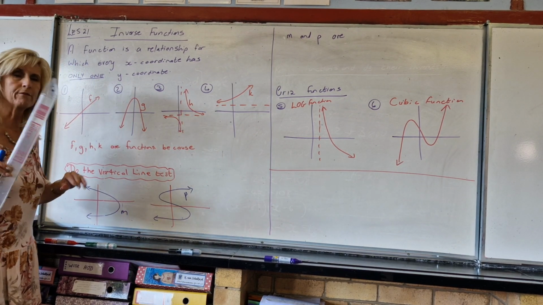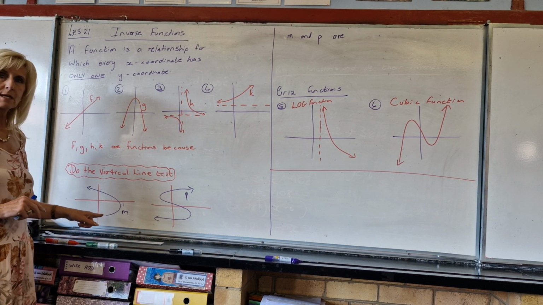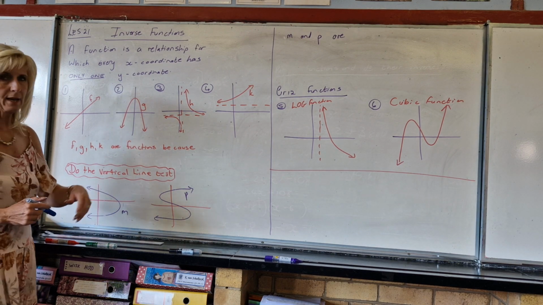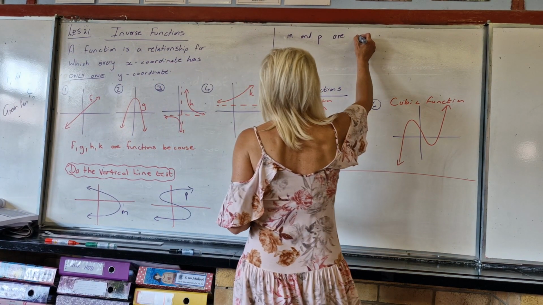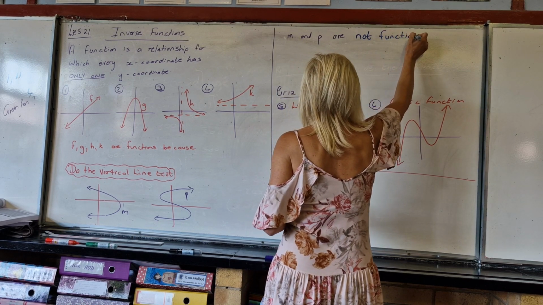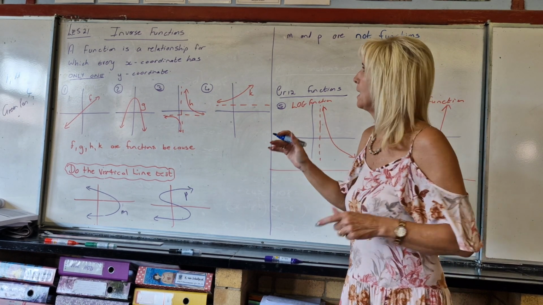Now you're never going to write vertical line test in the test. I'm going to ask you, is this thing a function? Is this thing a function, P and M? No. P and M are not functions. And my reason will always be the following little recipe wording.